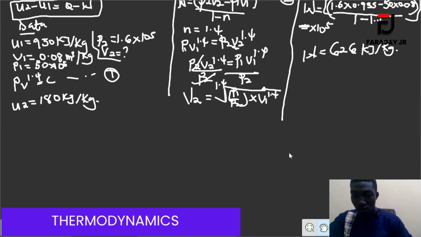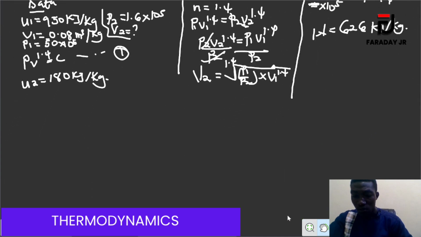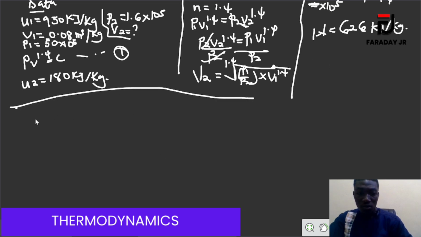Now that we have our work, we can find the change in U, which is equal to U2 minus U1.